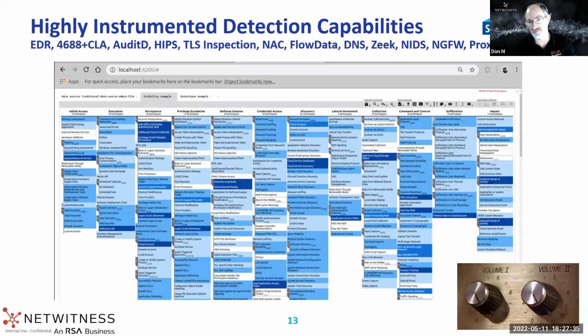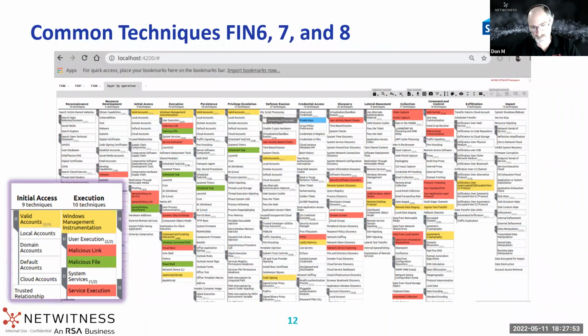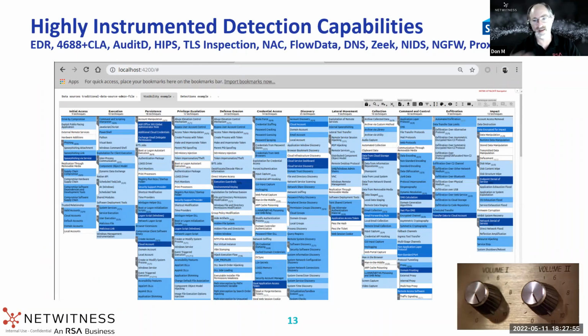You have next-gen firewalls, and they're fully configured with all of the features that they have. You didn't just buy a fancy box and not do any configuration to make use of the subscriptions you bought. You have a really good detection profile. So you have a good chance to look at what the adversary can do on this page and then see what you can detect on this page.